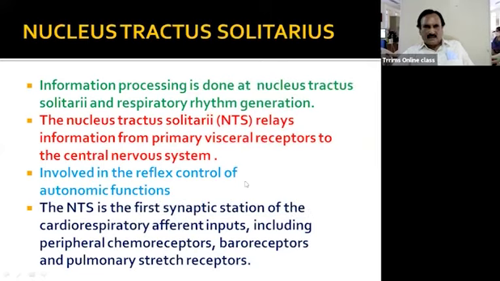Nucleus tractus solitarius is the first synaptic station of the cardiorespiratory afferent input, including the peripheral chemoreceptors, baroreceptors, and pulmonary stretch receptors. This is an important point. This you can just note down.